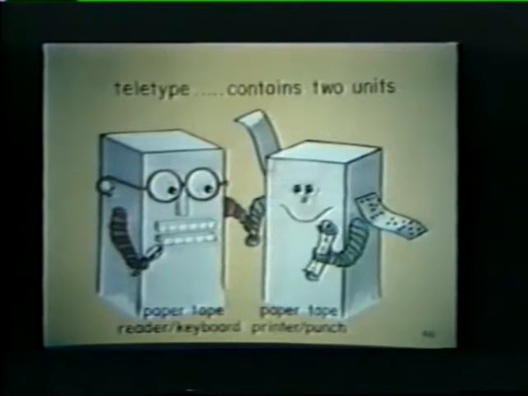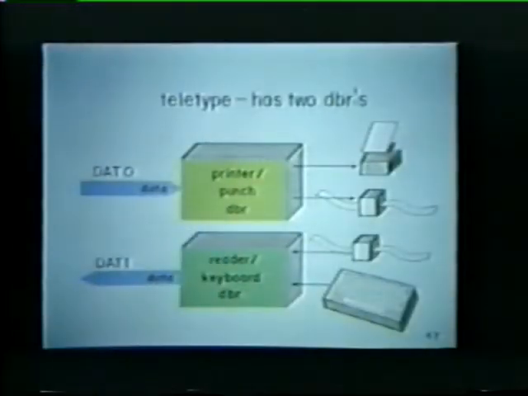The teletype is actually 2 units that operate independently: the paper tape reader keyboard, and the paper tape printer punch. Each unit requires a separate CSR and DBR. One of the teletype DBRs is assigned to the printer punch unit. The other DBR is assigned to the reader keyboard unit.